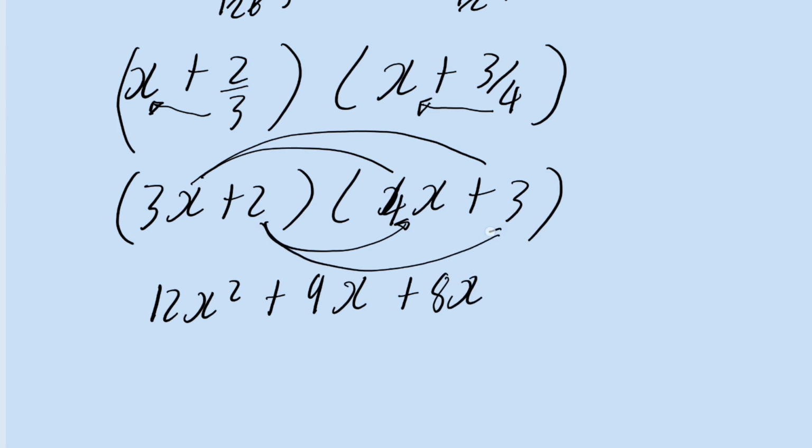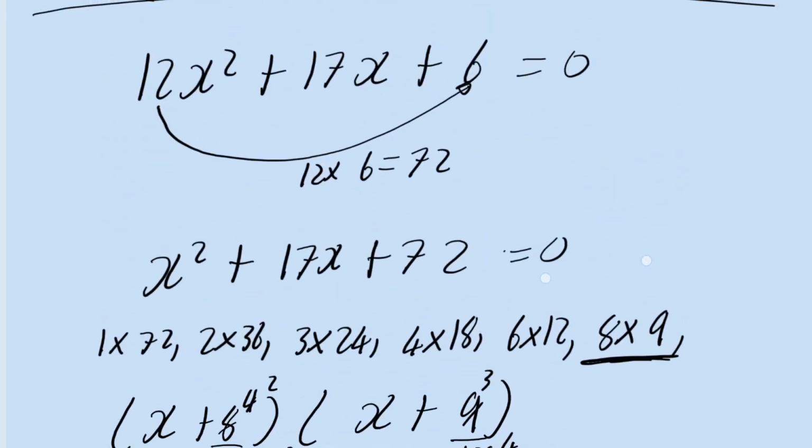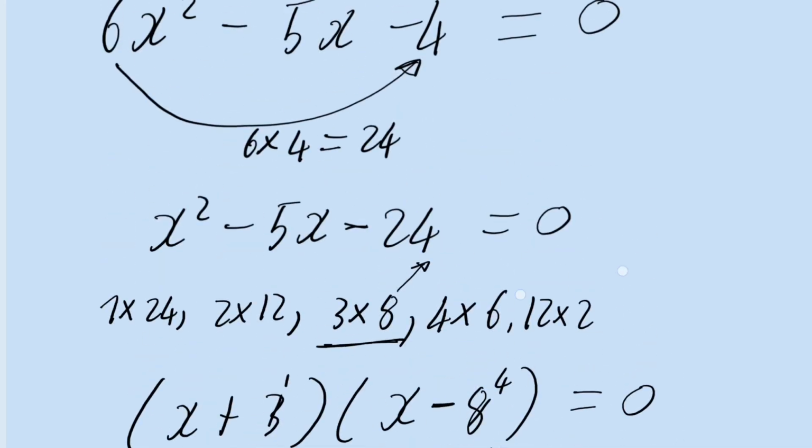And 2 times 3 is going to give us 6. So if you add them, we have now 12x squared, 9x plus 8x is going to give us 17x, plus 6. You see that we have been able to boil down back to our first equation.